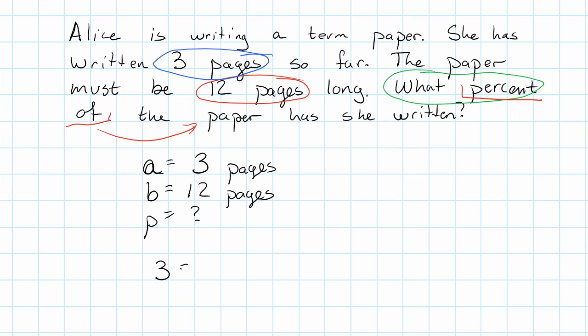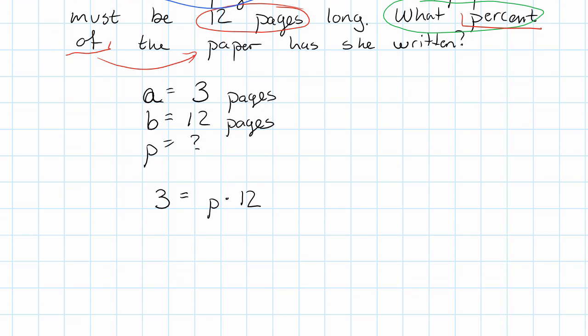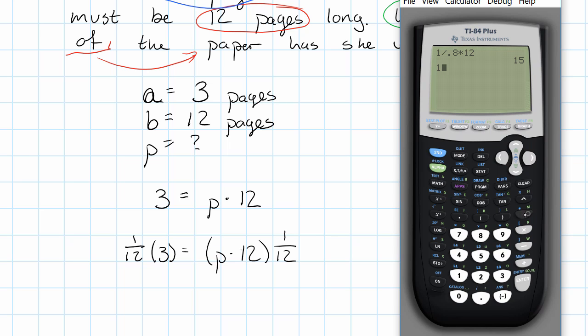So the portion equals the percent times the base. To solve for the percent, we need to get rid of that 12. We'll multiply both sides by 1/12. So we multiply 1/12 times 3. 1/12 times 3 is 0.25.